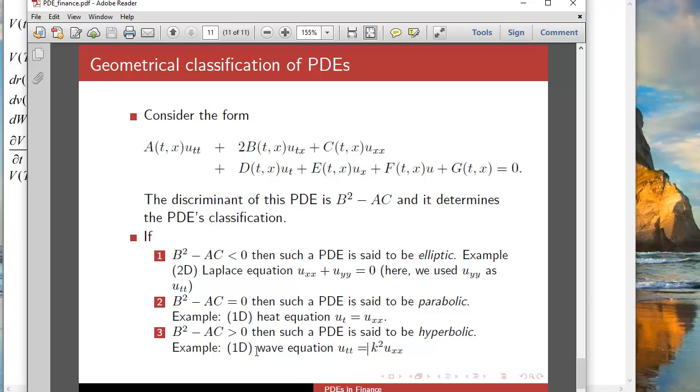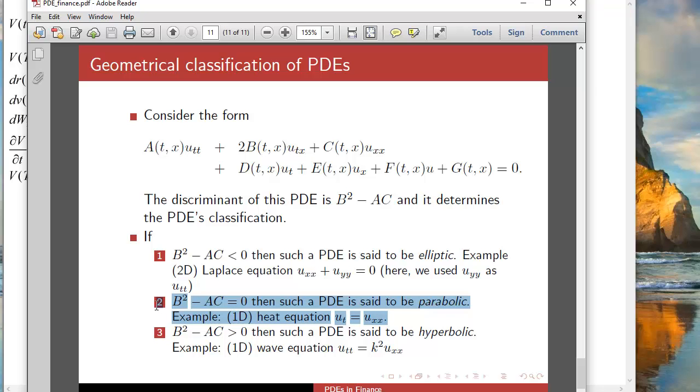So this would be an example of the wave equation, which is written here. And the key thing in finance is that you will always be dealing with this parabolic PDE.